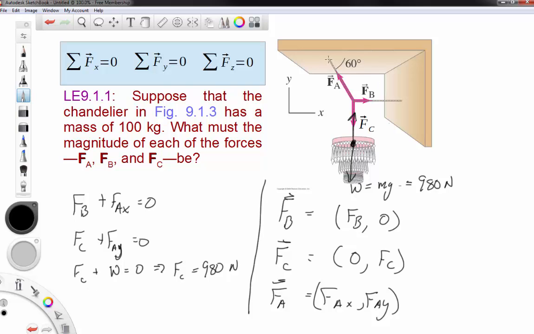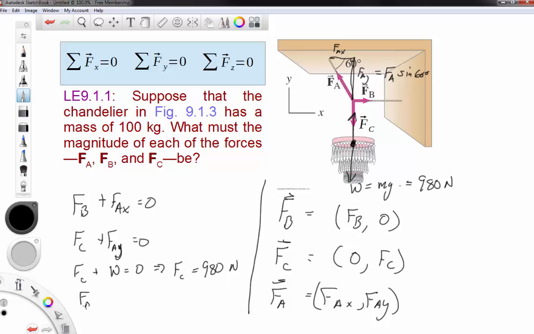Well, FA, if we were to split this into components, basically looks like this. So there's a 60-degree angle, here's the 90-degree angle, here's FAX, here's FAY. That is opposite of this angle, so that's going to be FA times sine of 60 degrees.